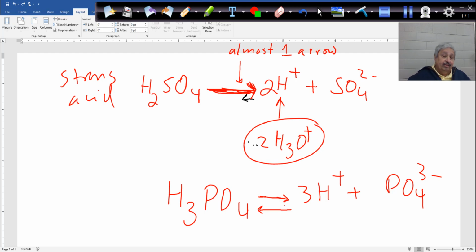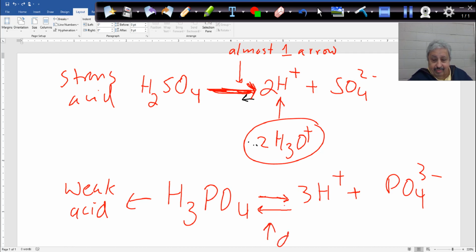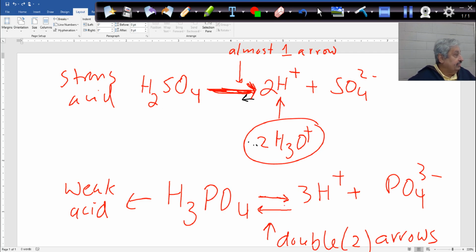So this is a weak acid, just looking at the double arrow here. Double means two arrows. So that's from just looking at this without even testing the table values. But we'll go and test the values there.